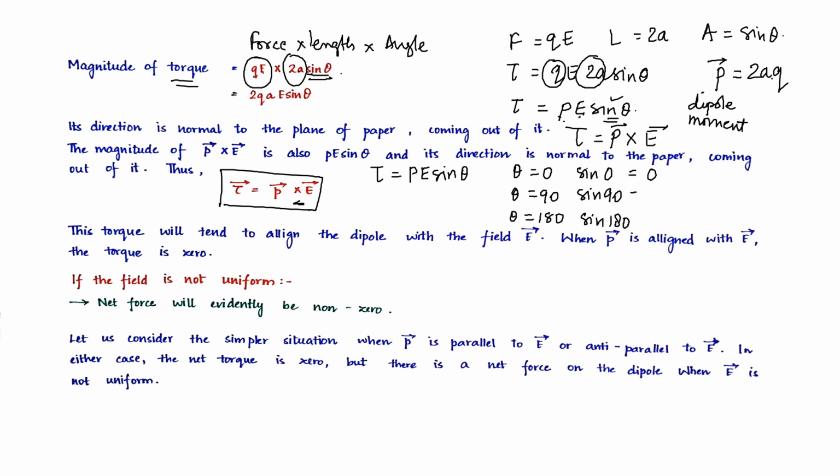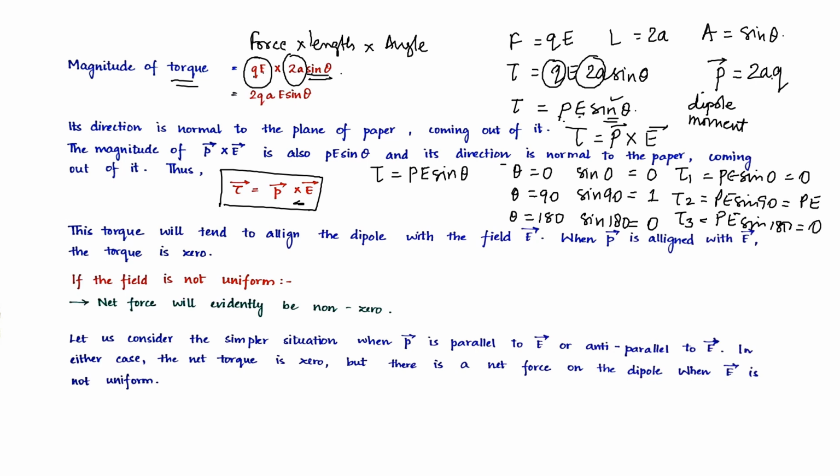Sin 0 is 0, sin 90 is 1, sin 180 is 0. In case of tau 1, tau 2 and tau 3, PE sin 0 will give 0. PE sin 90 will give us PE, the maximum torque. Now PE sin 180 degrees will give us again 0.